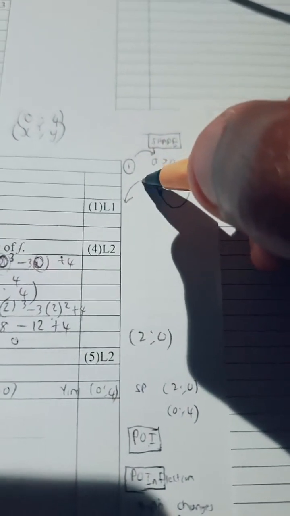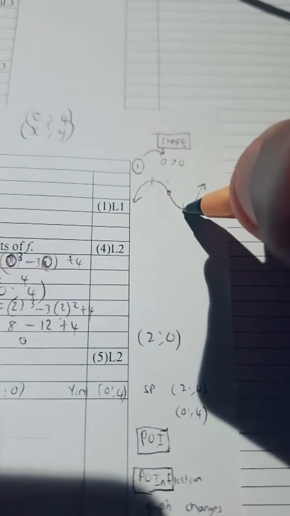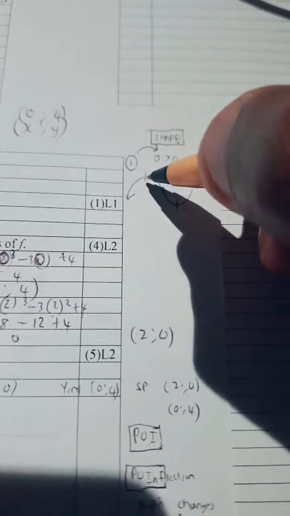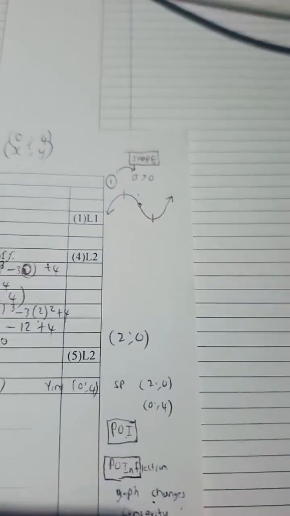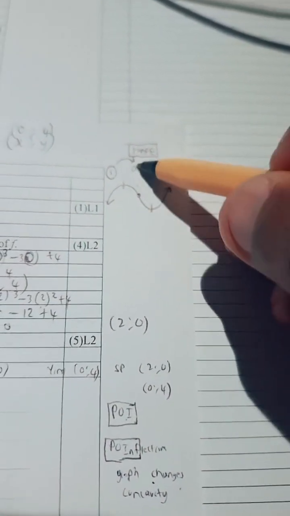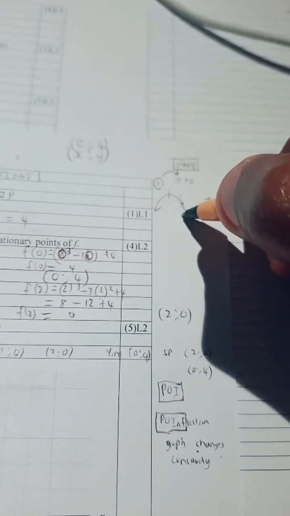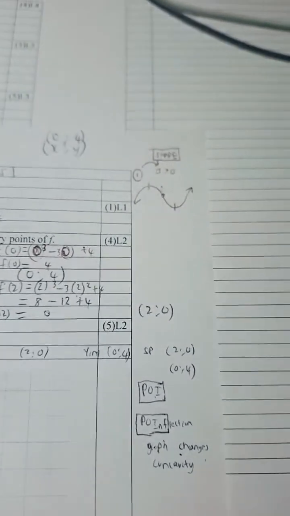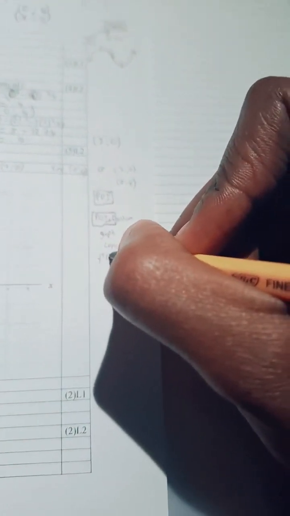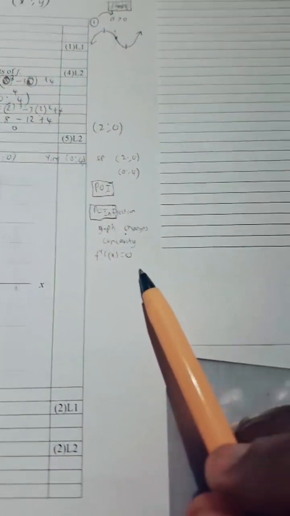It's sort of midway between the x values of the stationary points, like the midpoint. Point of inflection is the midpoint of the stationary points. That's where it is. And in actual fact, whenever we want to get it, we have to find the second derivative, having equated it to 0.